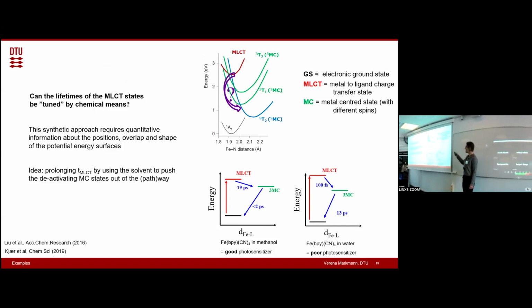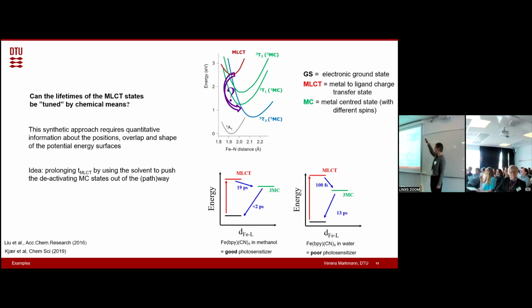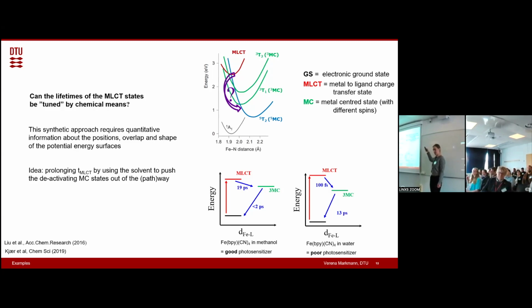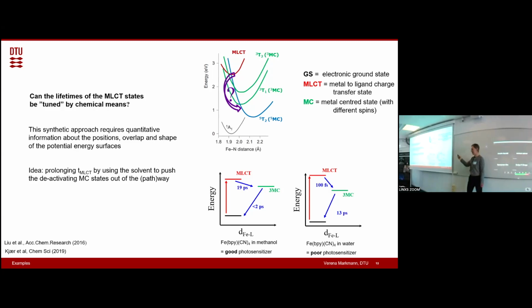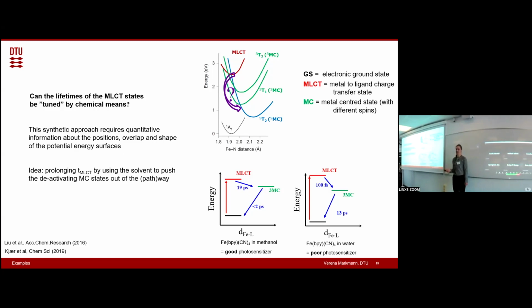What you see here is the potential energy landscape going from the ground state in black first up into the ligand, that is the red one, the metal to ligand charge transfer. And then we know the electron goes somehow through metal-centered states where it's still excited before going back to the ground state. We also know that the solvent can have a big effect on these kinds of pathways.